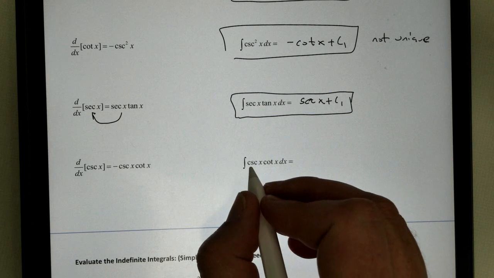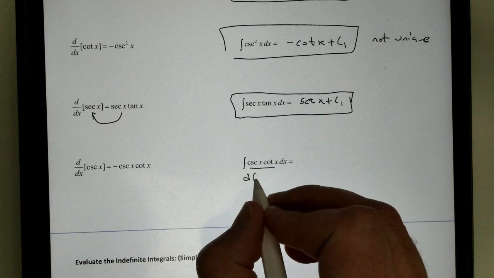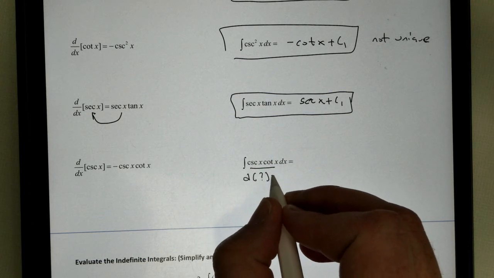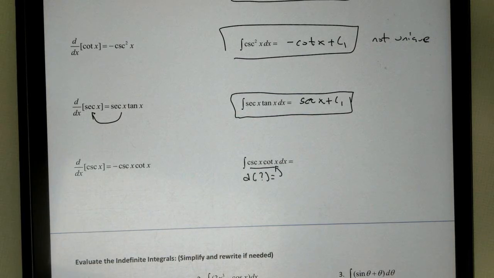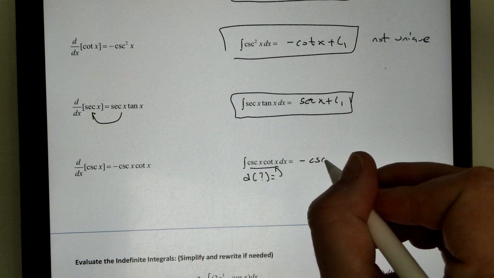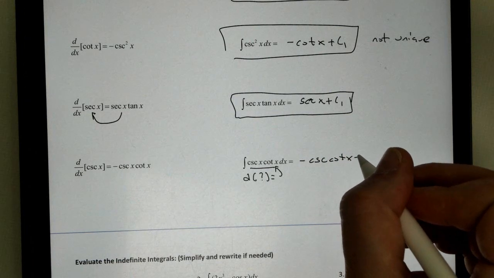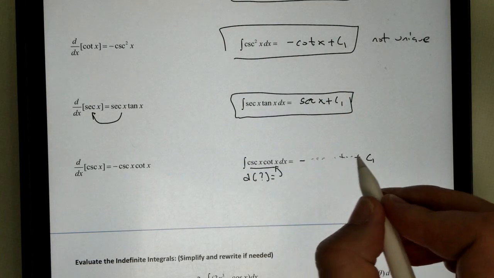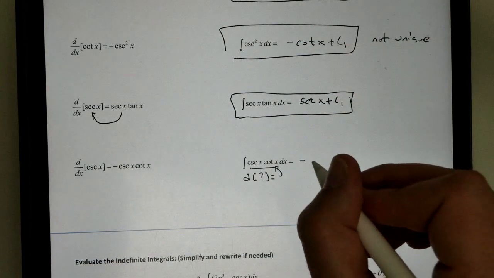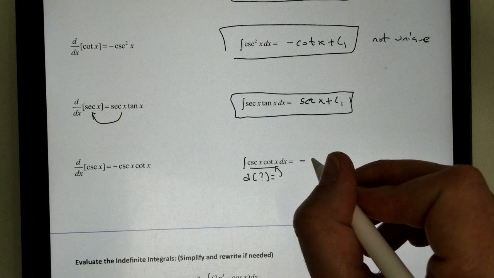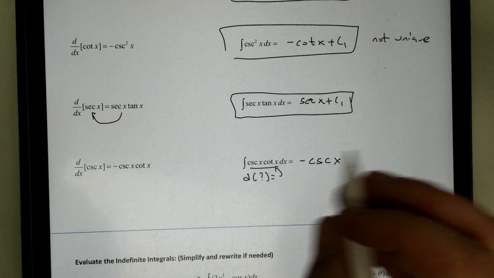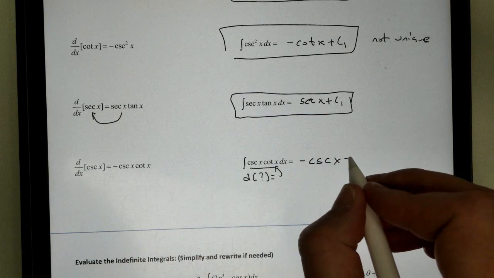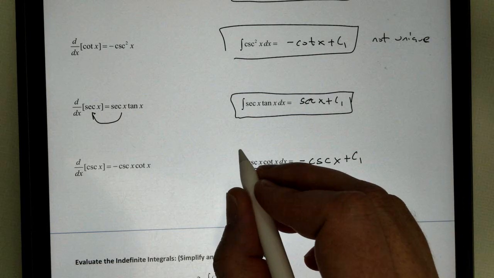So same thing. I want to find the function whose derivative is cosecant cotangent. And it's going to become negative cosecant cotangent of x plus c1. Whoops, I did mess up there, and I want to fix that because I don't want you to make this mistake. This is going to be negative cosecant of x, just cosecant of x, plus c1, plus our constant of integration.